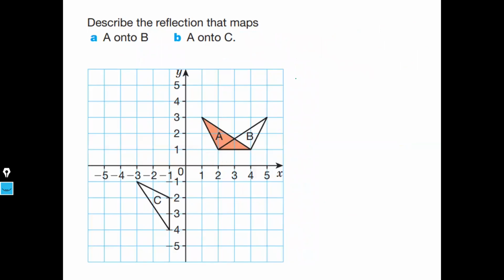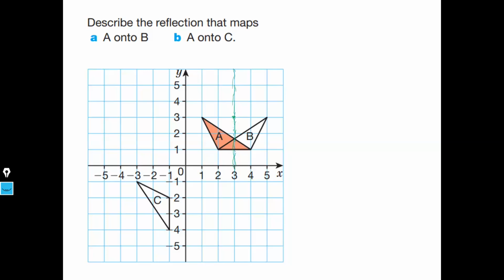Describe the reflection that maps A onto B. Now we can easily get that A onto B is the line in between these 2 points. If we judge only 2 points even, we can get the answer. So this is where these 2 vertices are opposite and equidistant. So we can draw this straight line and check whether these are equidistant from here or not.